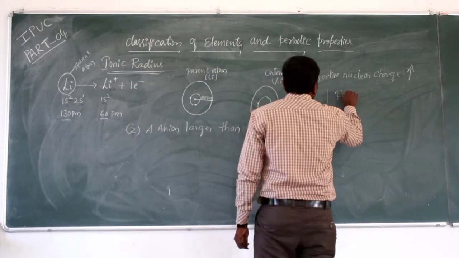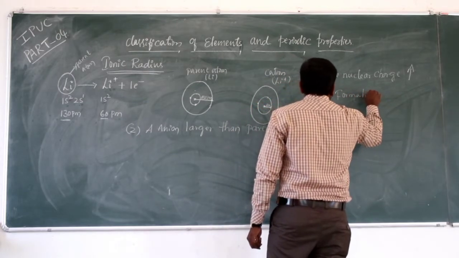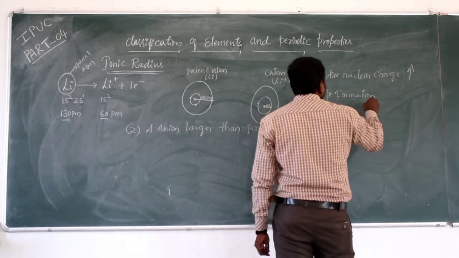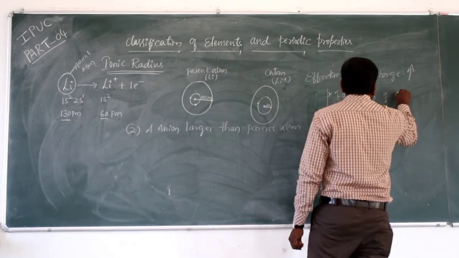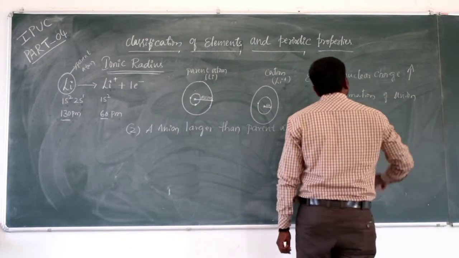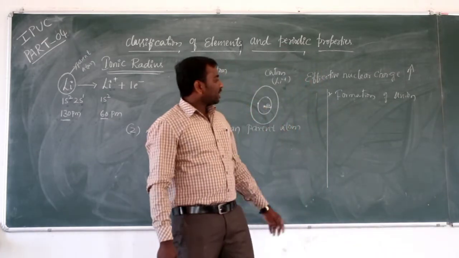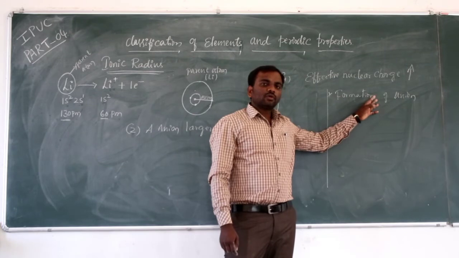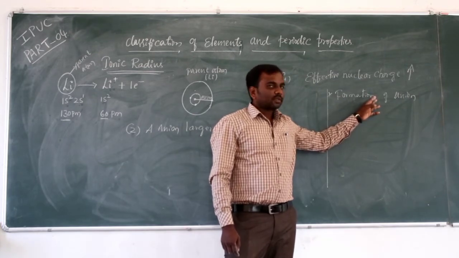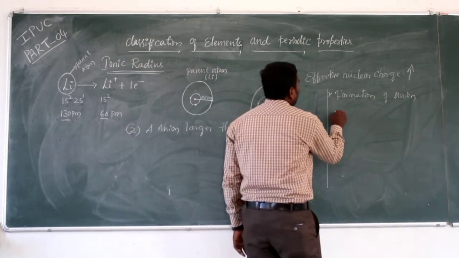of anion. First we discuss how the formation of anion, right? See, how to form? Very simple. This is formation of anion by just gain of electron.